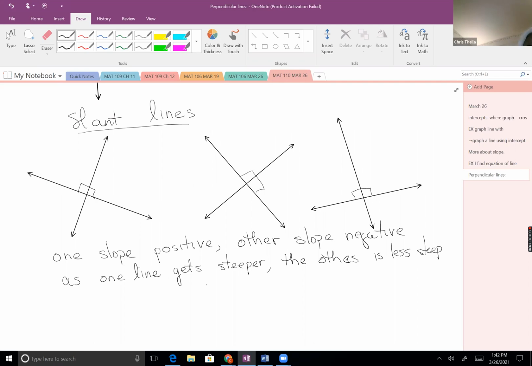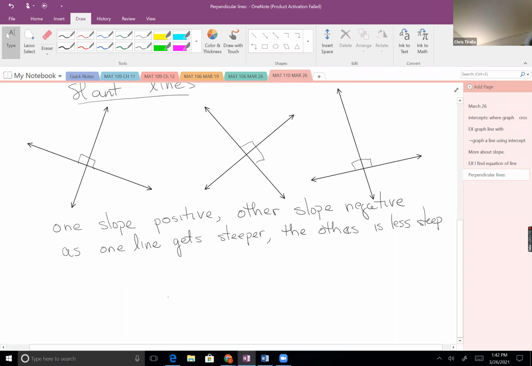And in order for them to behave in opposite ways, it tells me that the slopes act inversely, or they're reciprocals. But they're reciprocals with opposite signs.